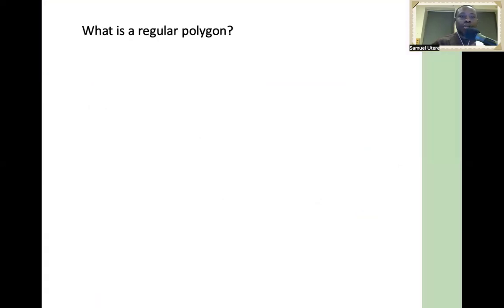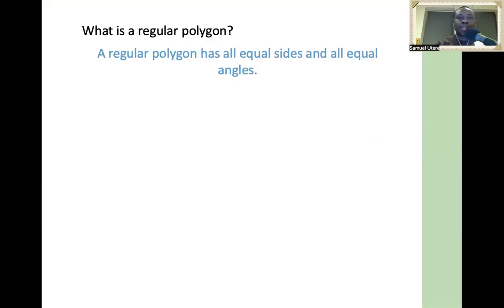Let's do some new learning. If you recall from our previous lesson, we learnt about regular polygons. What is a regular polygon? Have a think. Well, a regular polygon is a polygon that has equal sides and all equal angles.